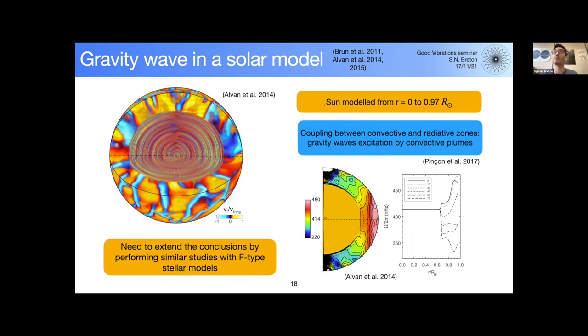Alvan et al. modeled the Sun from the core to 97% of the stellar radius, and you can see that here you have convective plumes that excite gravity waves at the interface between the convective zone and the radiative zone. And here you can see the propagation of the gravity waves in the solar interior.